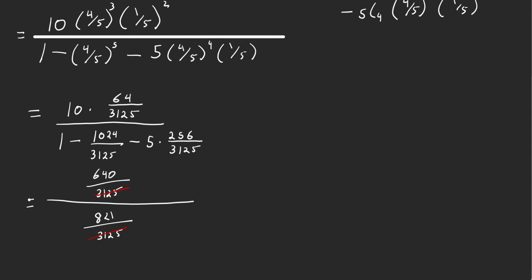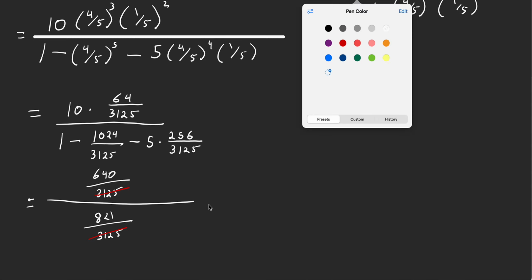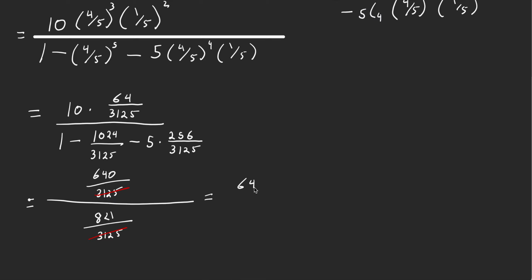It's going to reduce, and that's nice. We have one less number we have to think about. So now we have 640 divided by 821. And from here, we need to start making decisions of what they might have in common. This would be 11, so I don't think it's divisible by 3. This could be the answer, unless that's divisible by something. So I think this is the answer, as ugly as it is.